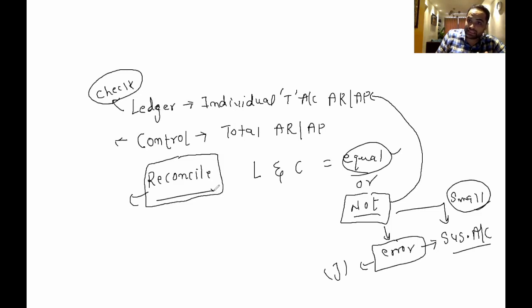With the help of reconciliation, you will understand where we made a mistake or where we did not. When we do the reconciliation, we go through A, B, C, D, E, F. If everything is okay, okay, okay, error. Okay, okay, error. Why error? Because the balance here is not equal to the balance here.